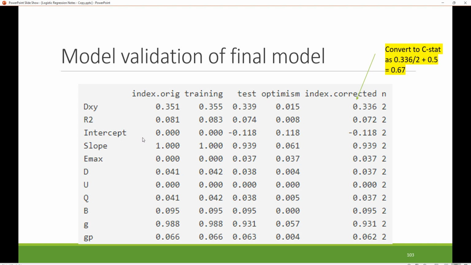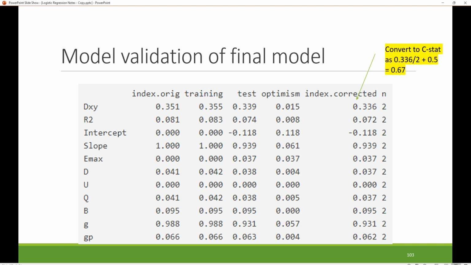So when we look at the intercept and the slope, we see that they're not too far off. So we have good signs of calibration. We have good signs of discrimination. This is a moderate model. And when I mention good signs of calibration and discrimination, I'm referring to the fact that the validated results are close to the original models, or close to the initial model that we had.